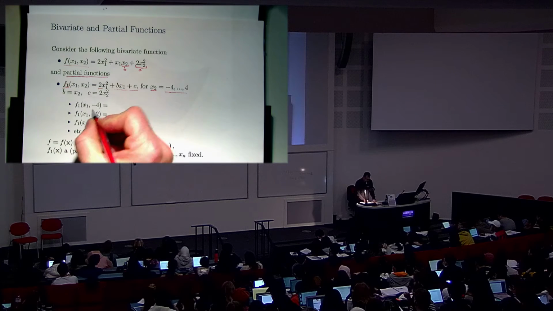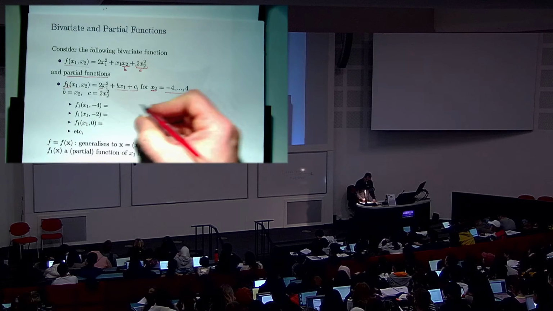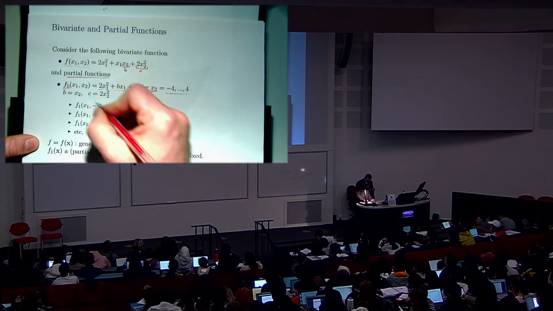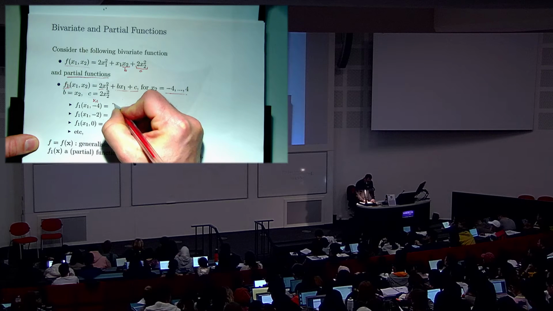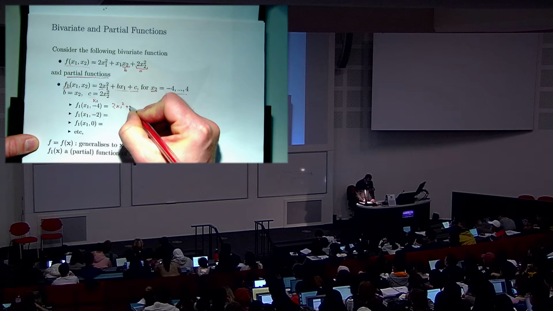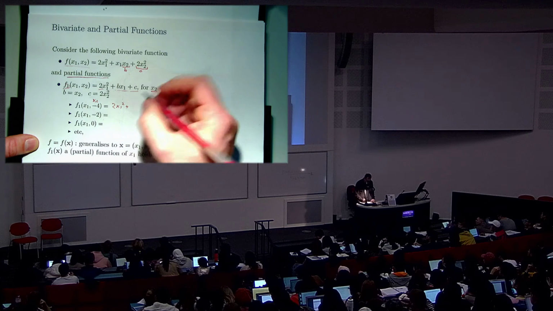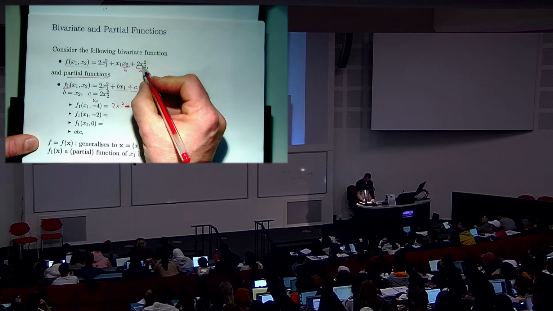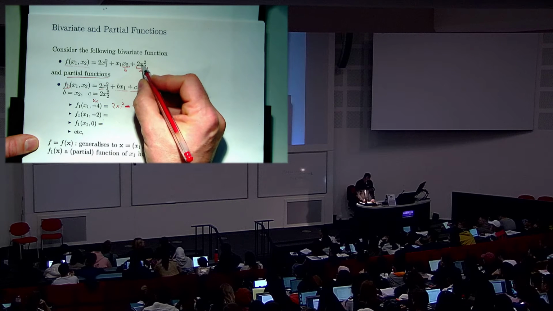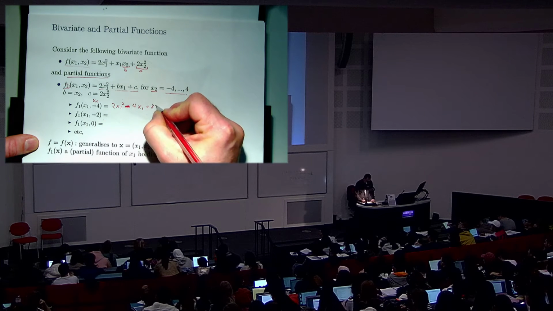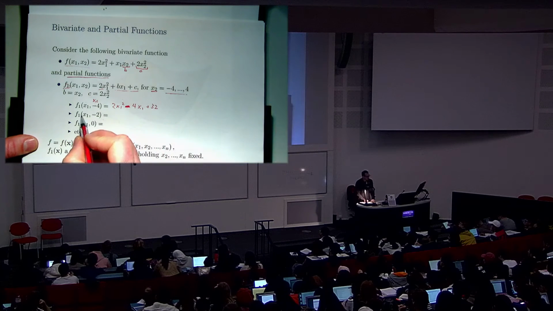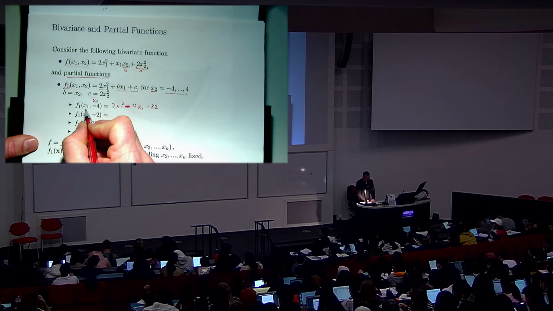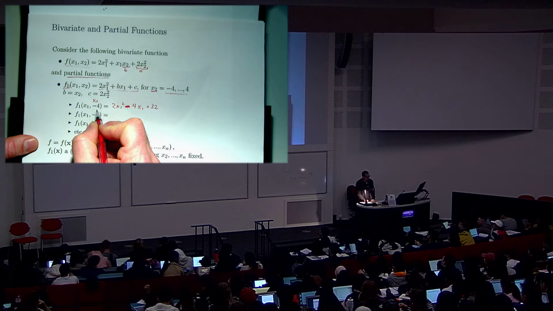For instance, if we set x2 to -4, so if you plug -4 in for x2 here, what you get is 2x1 squared plus x1 times -4, so we'll just write -4x1. And we plug -4 in here, that's 16. 2 times 16 is plus 32. So the partial function of this particular bivariate function with respect to x1, fixed at x2 equals -4, is this one.